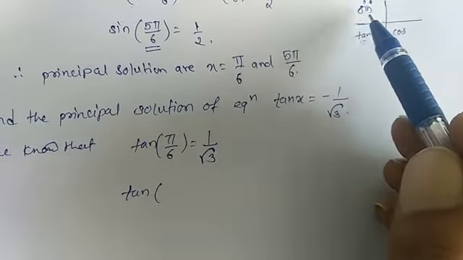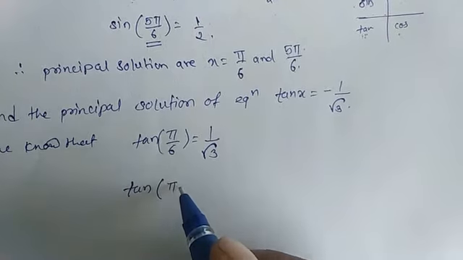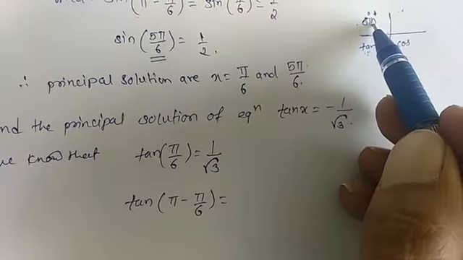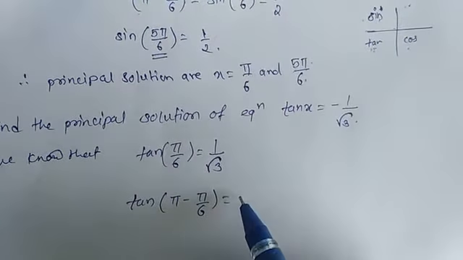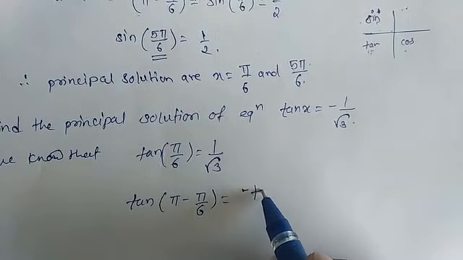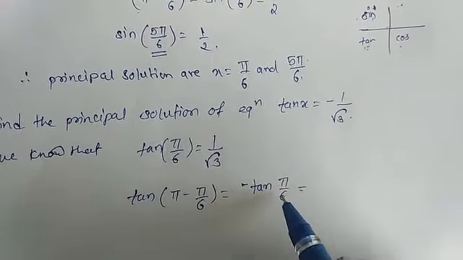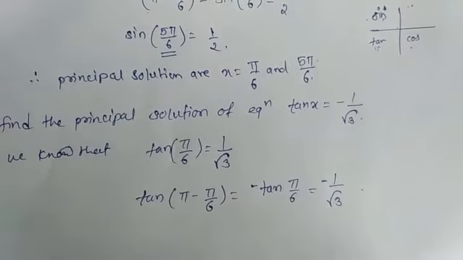So you have the first value tan(π − π/6), which lies in the second quadrant and is negative, so it will be −tan(π/6). Tan π/6 is 1/√3, so it will be −1/√3, which is our first principal solution.